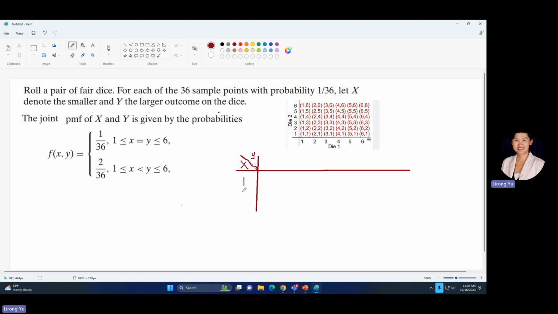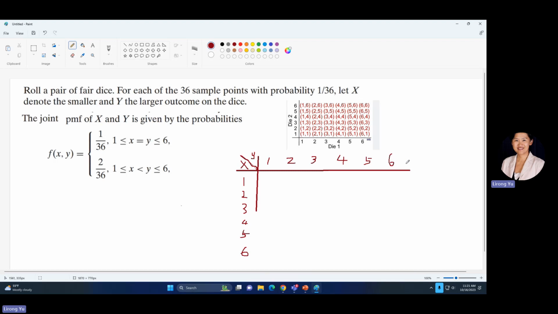So x takes on 1, 2, 3, 4, 5, 6, right? And y also takes on 1, 2, 3, 4, 5, 6. So visually, it looks like they could be taking on these values. Maybe I should put them on the xy plane.